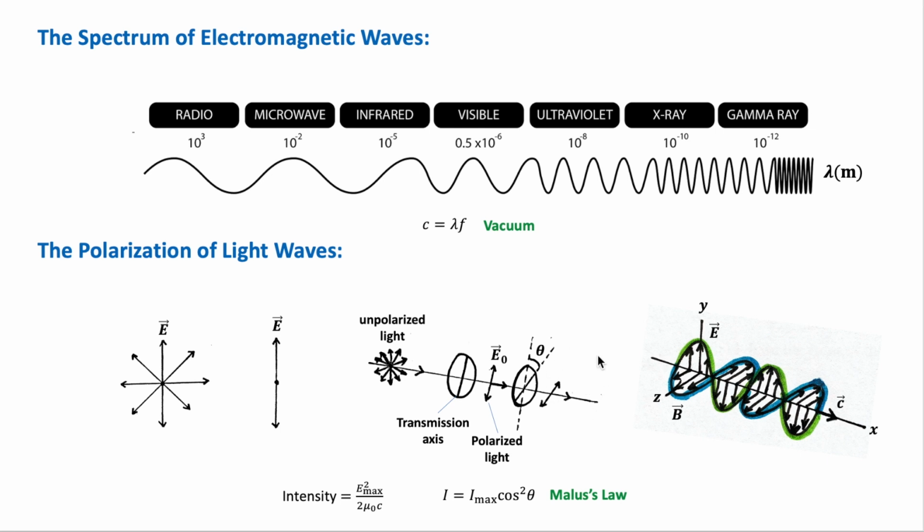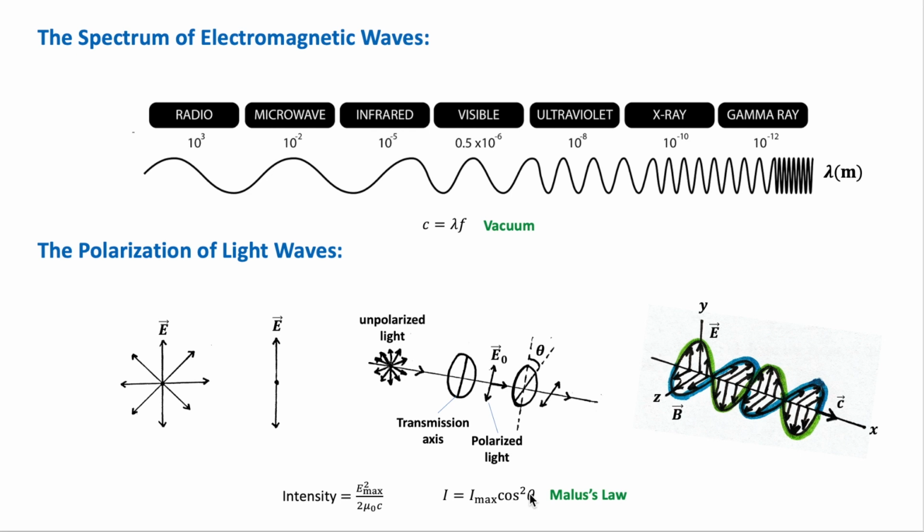And the first term, E naught squared over 2 mu naught c, is the intensity of the polarized wave incident on the analyzer. So we can write it as I max. And so the intensity of the transmitted wave from the analyzer is I max cosine squared theta.